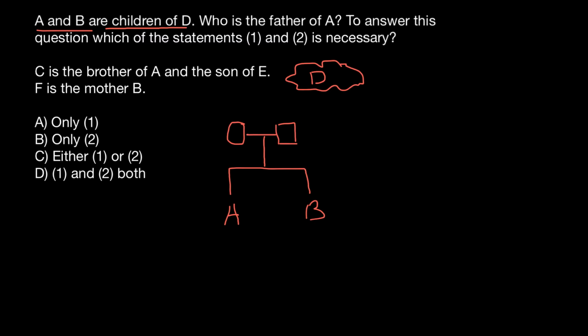Can we answer this question using the first statement? C is the brother of A and the son of E. So this gives us additional information that A and B, who are children of D, have a brother C. So A has brother C, and that means that B also would be a sibling of C. So C is a brother, so we can put a box here.